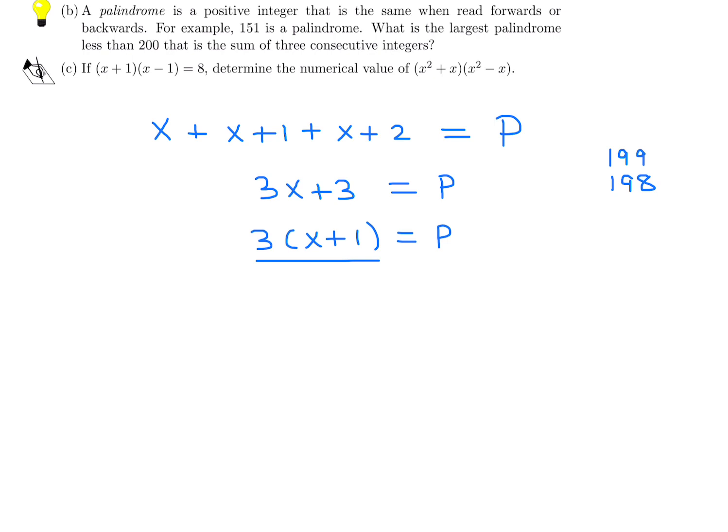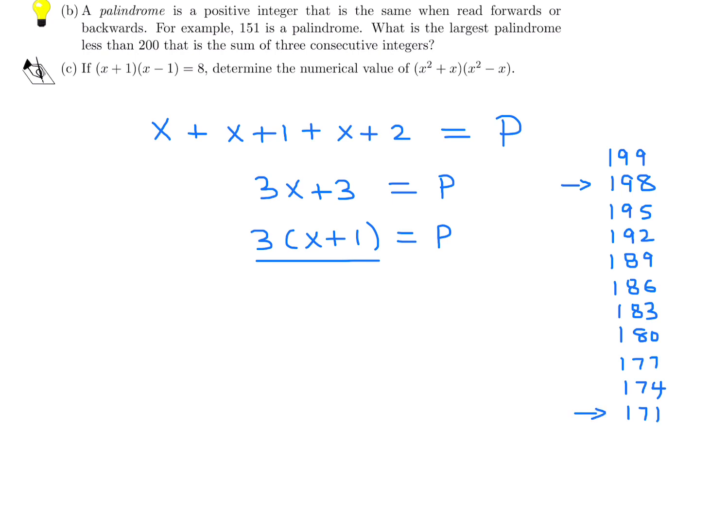So 198, for example, is the first number that's divisible by 3 that's less than 200. Now that's obviously not a palindrome. And we just keep going down, 195, 192, like that, 189, and so on. And just keep looking at these numbers to see if they are palindromes or not. And so far I don't see any. But hopefully we'll get one sooner rather than later.